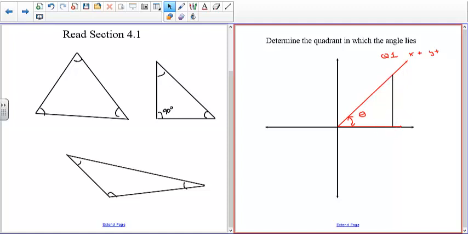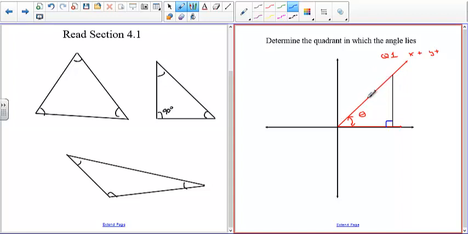So we have a 90-degree angle between the positive x-axis and this vertical side of the triangle. Actually, if the ray is pointing straight up, you're not going to even have a triangle.